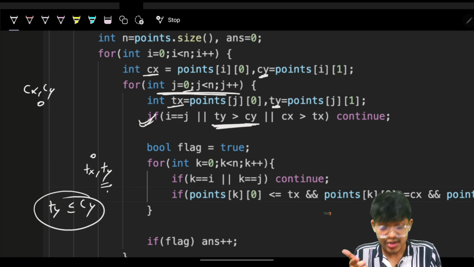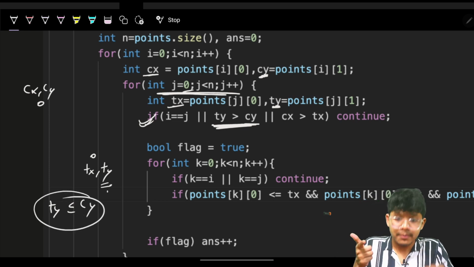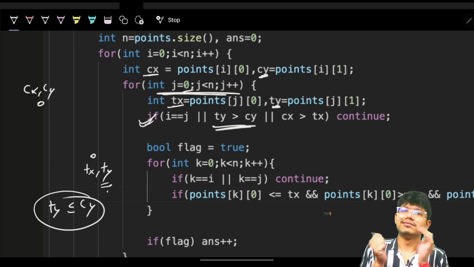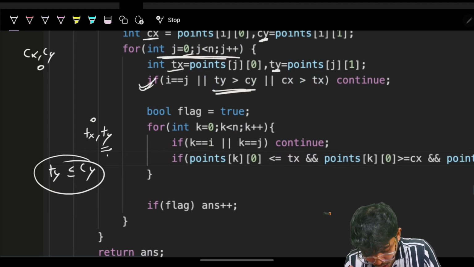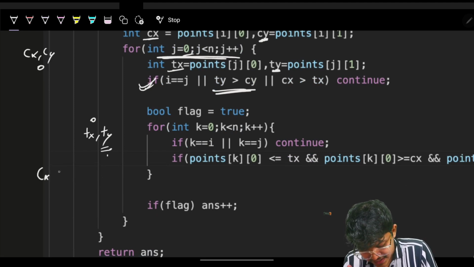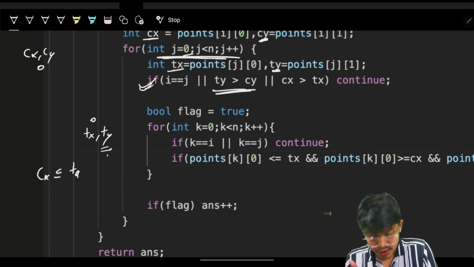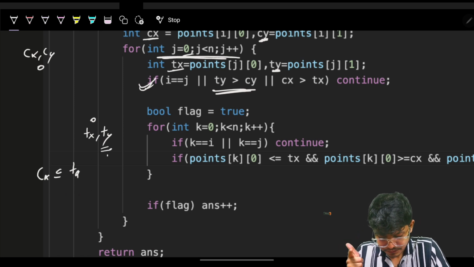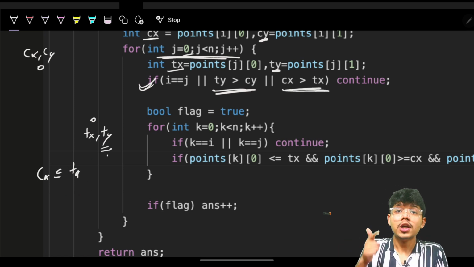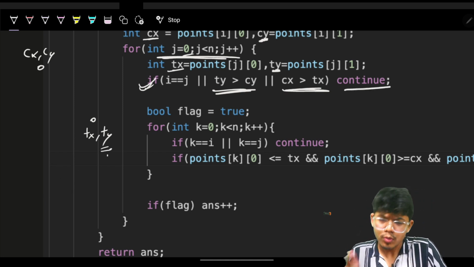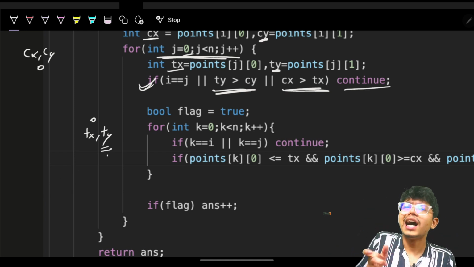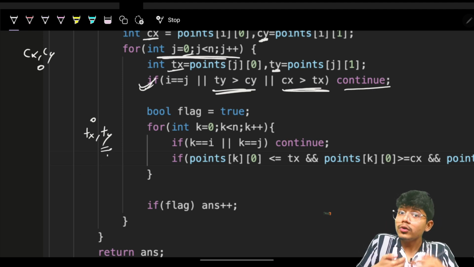So if this condition is not satisfied, which means if Ty becomes more than your Cy, it's not a good pair. Move on. Or as you can also see, your cx is less than or equal to your tx. So if your cx becomes more than your tx, then also it is not valid. So also in that case, move on. I know it is hard to move on, but still you have to learn to move on, which means continue.